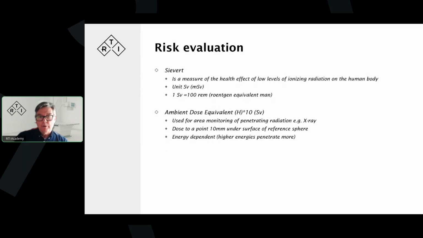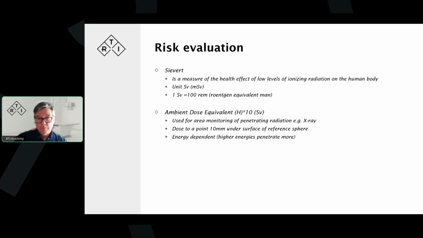So this is what we're then looking at, the risk evaluation. That's when the sievert value comes in. The air kerma is an absolute value. It's the absorbed dose. When we come to the sievert value, then that is an estimation of risk.